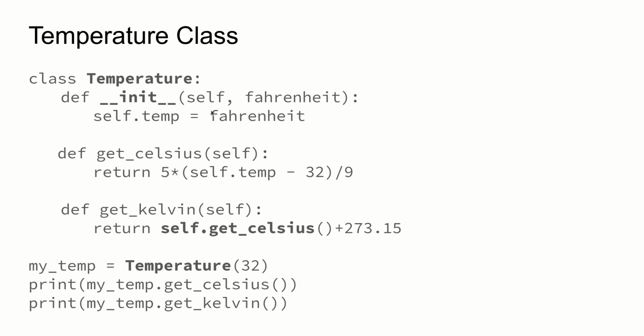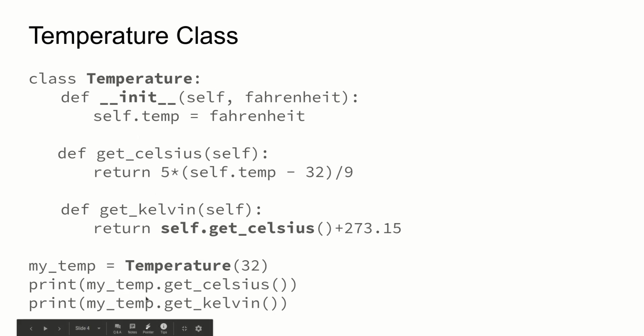So you could just say myTemp.temp, and that would access this instance variable, this variable that was attached to our object. In Python, any of these variables that I create for an object, self.something, they're all by default accessible to things outside of my class if they use the object, just like I use self in other places.